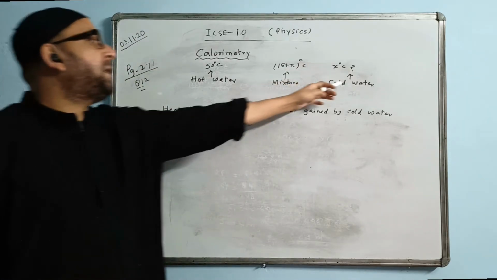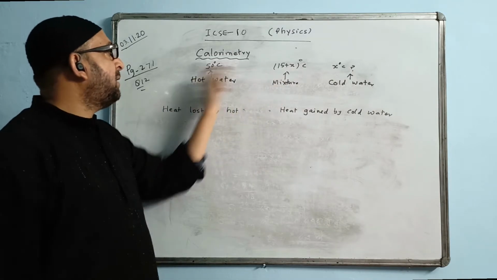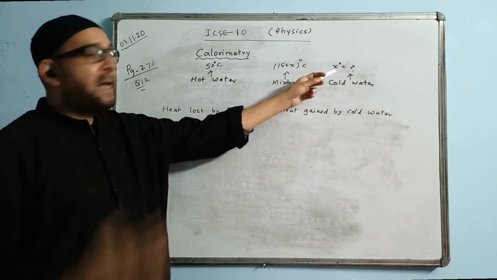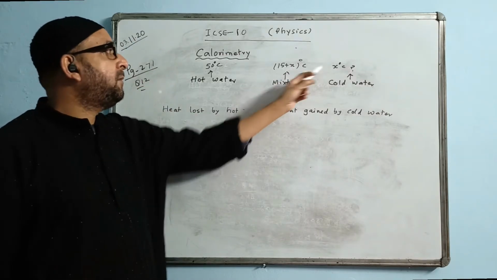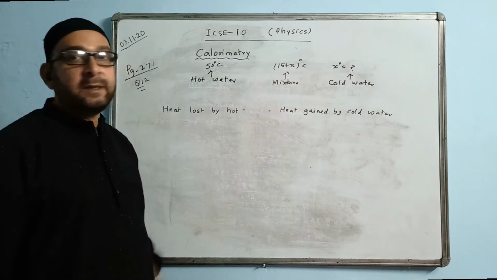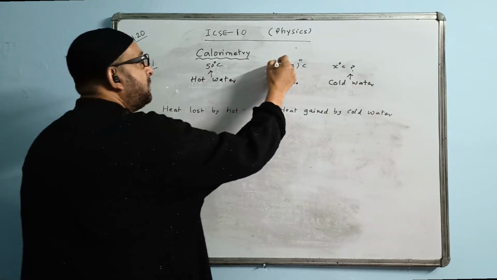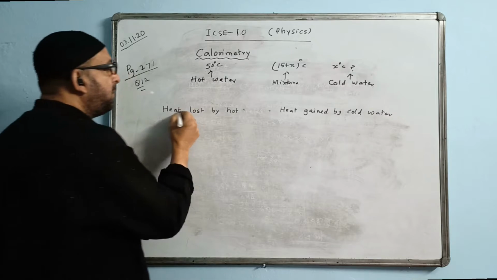The temperature of the mixture will be more than the cold and less than the hot. So 15 degrees more, rising by 15 degrees, it becomes X plus 15 or 15 plus X, either one. So this is in degrees Celsius. Now write the information equation.